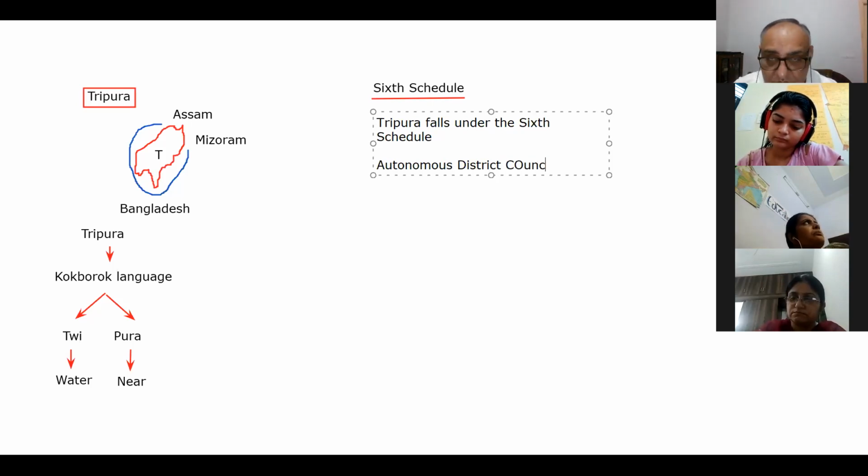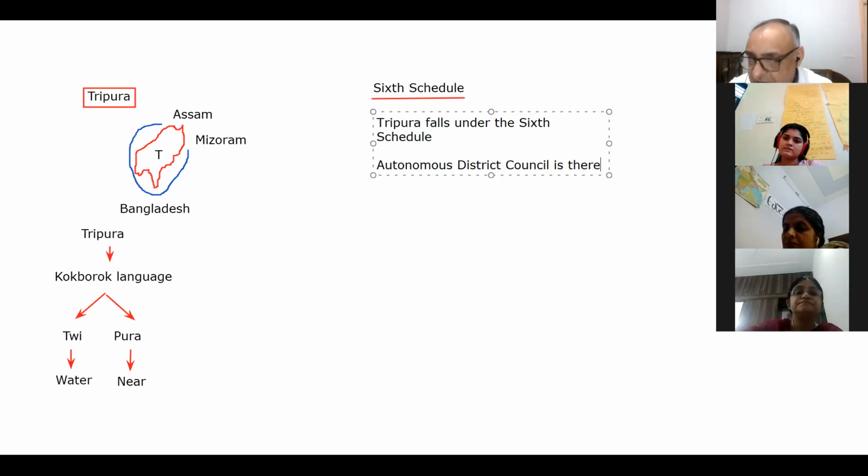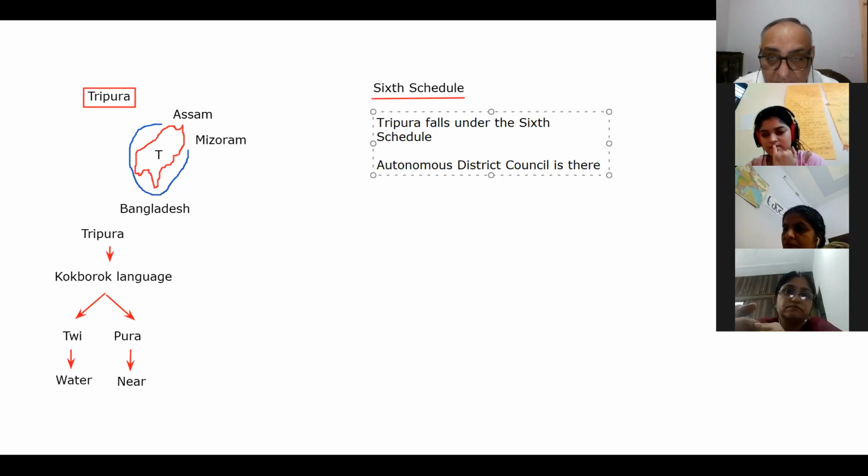There is only one district council because the state is very small, with 4 districts. So that is why there was no purpose in creating many district councils in such a small state.